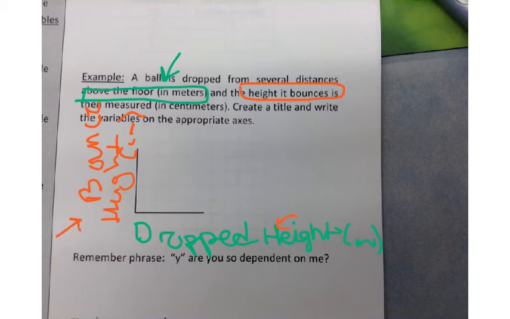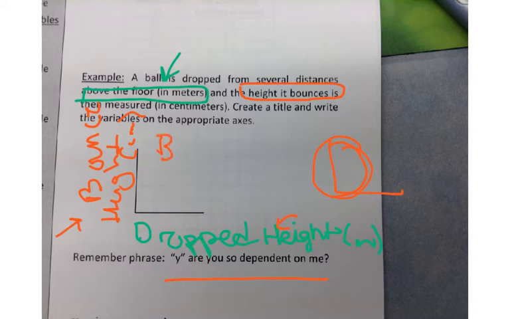One way to remember which one you want to put the dependent variable is remembering the phrase, why are you so dependent on me? In addition, you can fill in a D for dependent on the y-axis. The title should then be your dependent versus independent. You can think of it as I read left to right in English, so I'm going to read left to right with my graph.